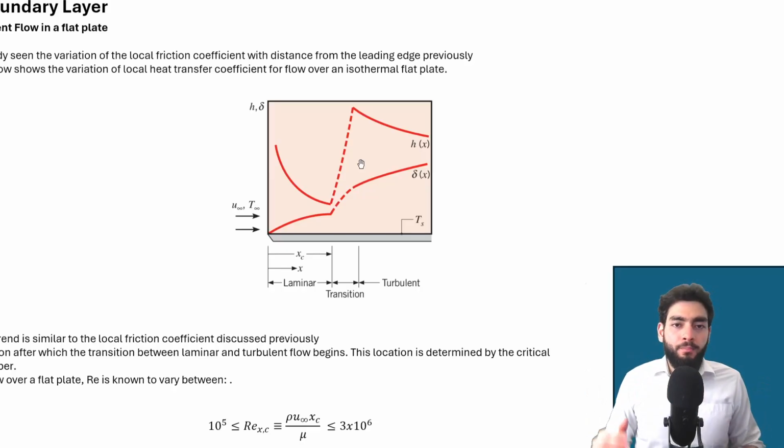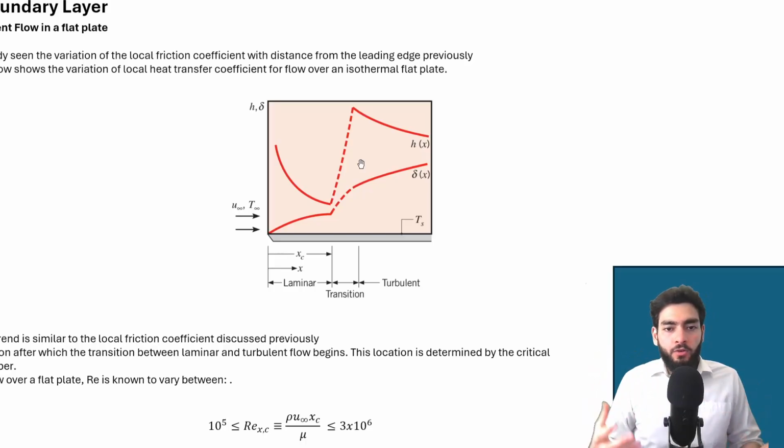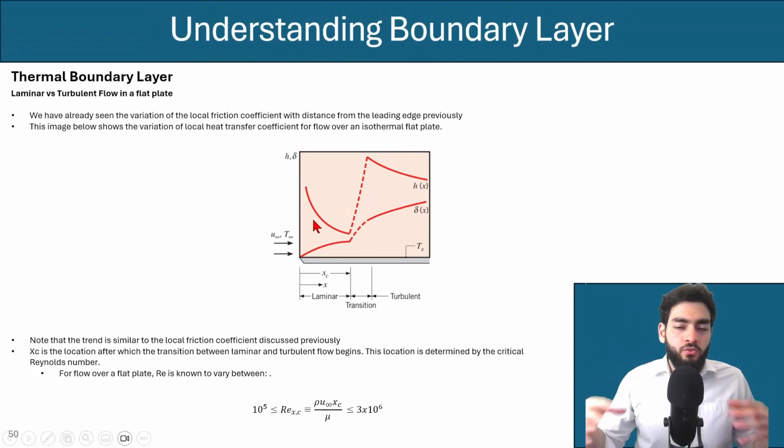If you remember, when we looked at the velocity profile for the turbulent flow, we had a flatter core, and as a result, we had a steeper gradient. And so this is also similar. When you have really good mixing, you will have a more uniform temperature, and so the temperature gradient will be closer to the surface of the wall. So as long as you are aware and you understand this trend, that is what is important.